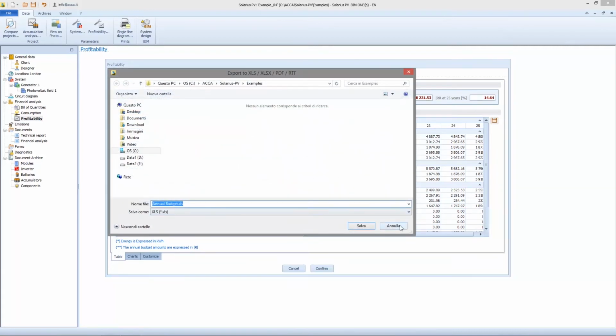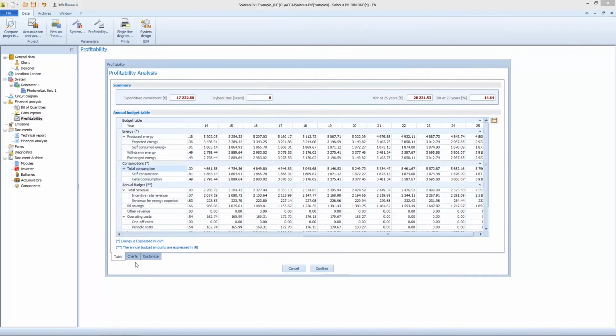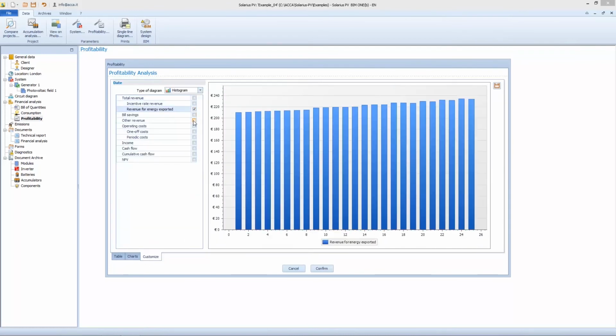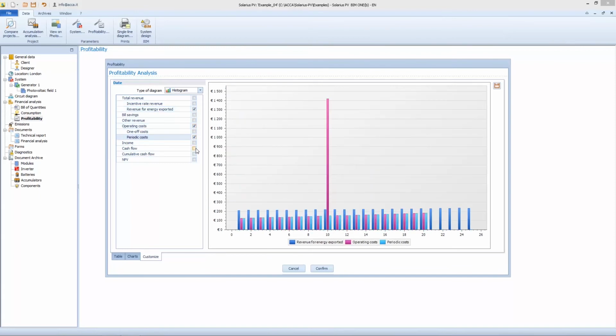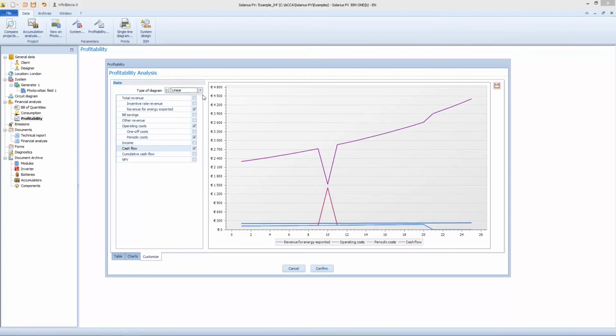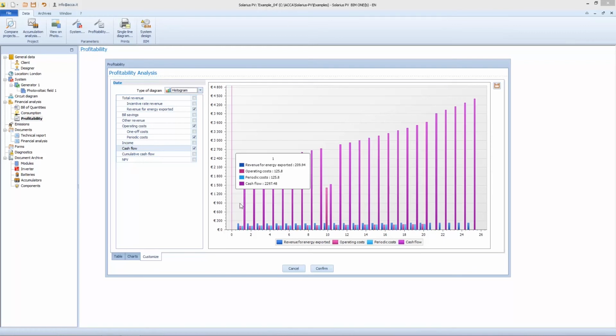I can save the analysis in XLS format or another format, and I can see different charts about the economic investment, the net income, the NPV, the cumulative cash flow, or IRR, or the customization of the graphical report that I consider useful, or I can change, if I want, the type of graphic. Then I can click on confirm.